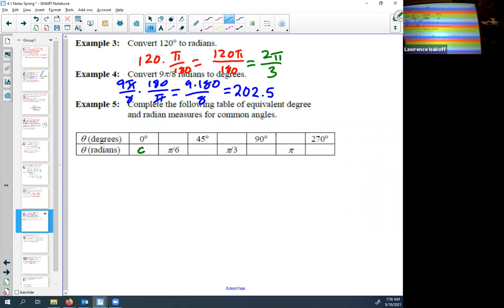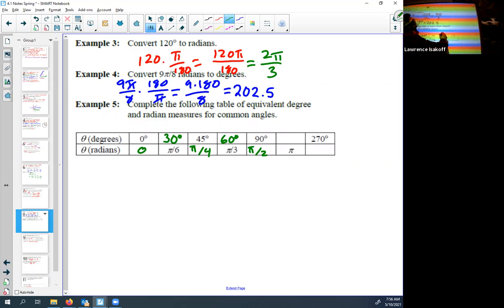0 degrees, 0 radians. Pi over 6 radians is the same as 30 degrees. 45 degrees is pi over 4. Pi over 3 corresponds with 60 degrees. 90 degrees corresponds with pi over 2 radians.